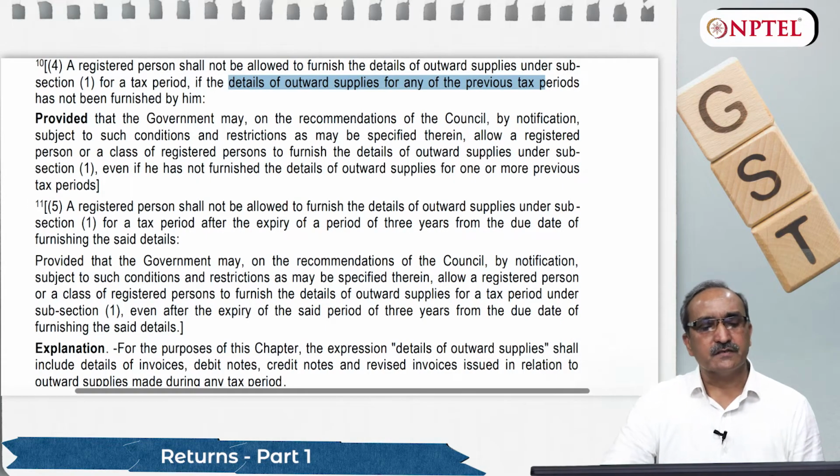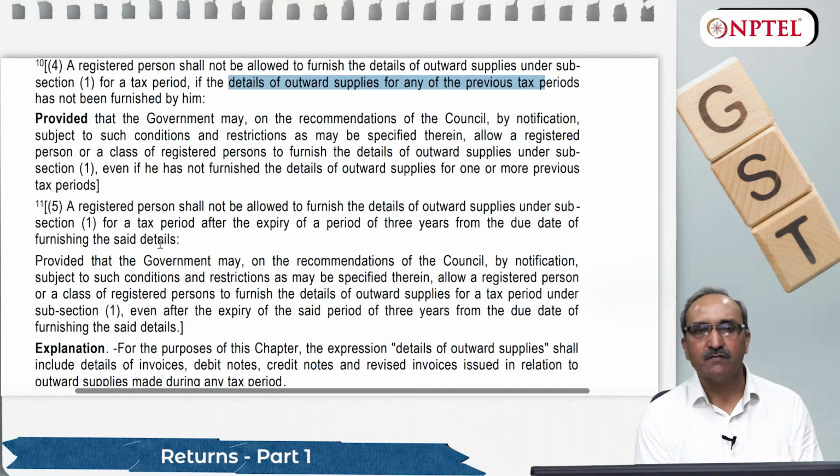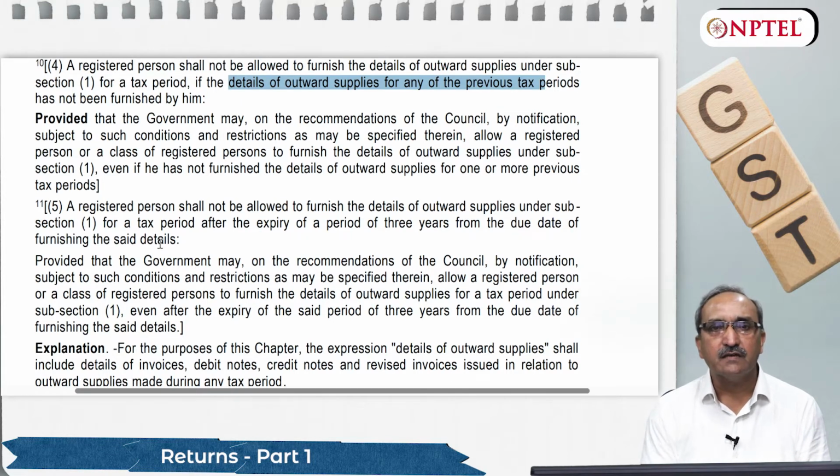Moving further, friends, subsection 5. A registered person shall not be allowed to furnish details of outward supplies under subsection 1 for a tax period after the expiry of a period of 3 years from the due date of furnishing the said details. What does it mean? This is the newly inserted subsection 5 to section 37.